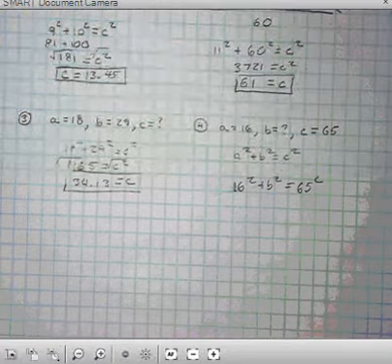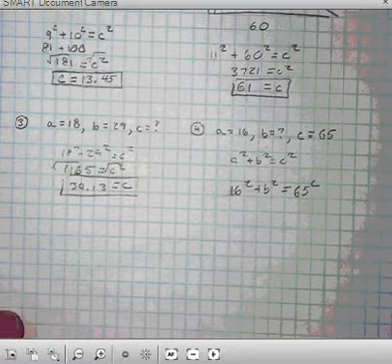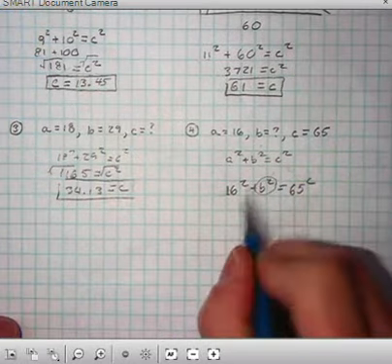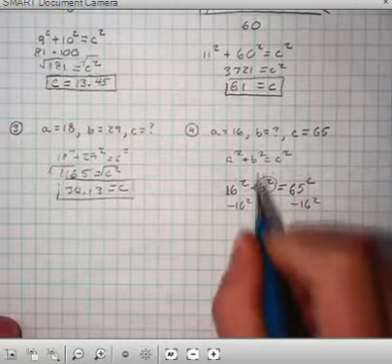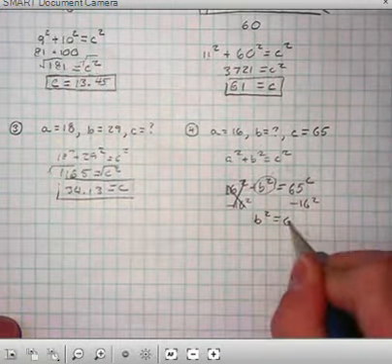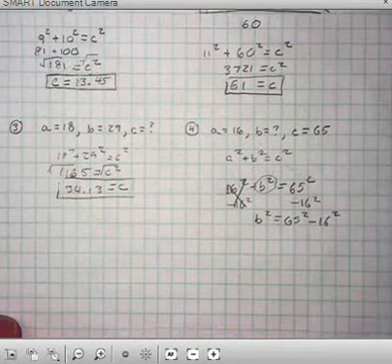We can all understand what he's describing, even though he did this in his calculator a different way. So in order to get this, he subtracted 16 squared from both sides. So then B squared is going to equal 65 squared minus 16 squared.